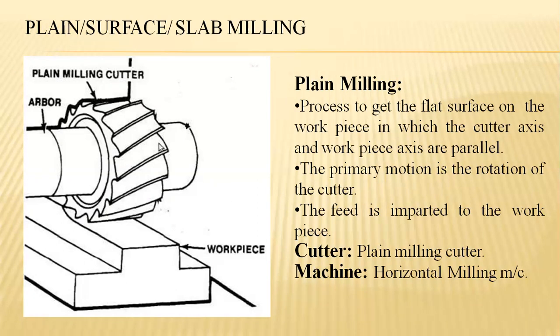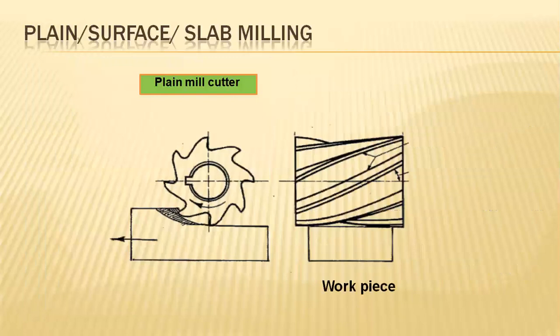The primary motion is the rotation of the cutter and feed is imparted to the workpiece. This cutter slides or rolls over the workpart for getting the correct finish. The cutter is the plane milling cutter, and the machine is the horizontal milling machine as being used here.